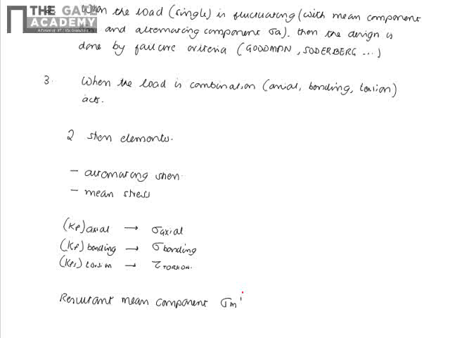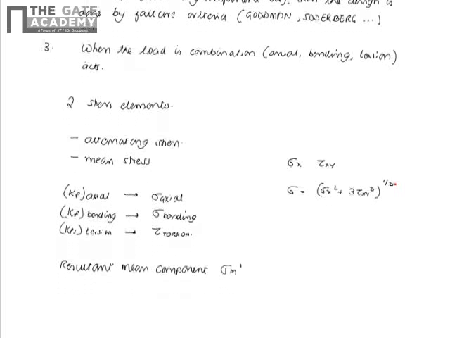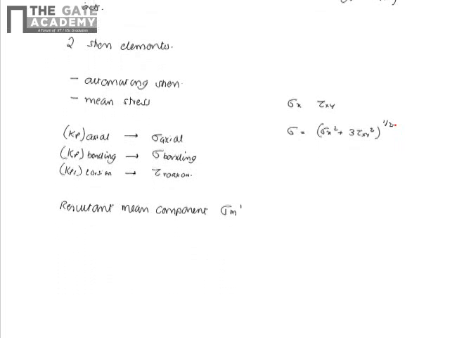In von Mises criteria, we have seen that when we have normal stress sigma x and shear stress tau xy, the von Mises stress is given as sigma x square plus 3 times tau xy square whole raised to half. Now the same principle is applied in this case of combination of loading modes. Here the resultant mean component and the resultant alternating component both are found out using the von Mises stress.